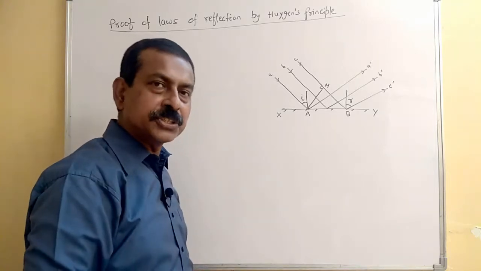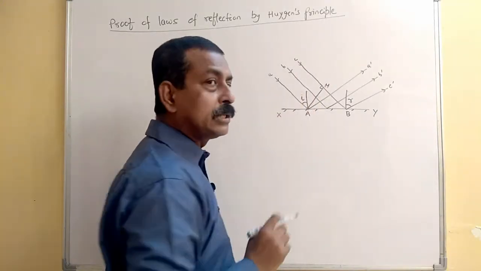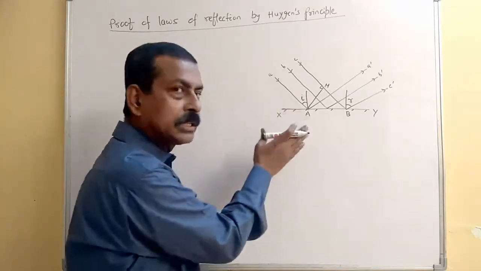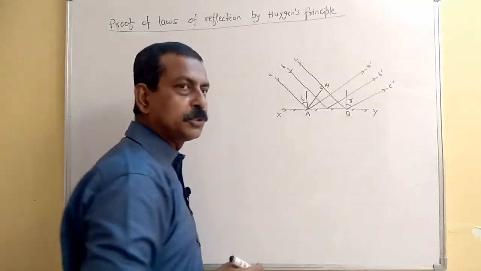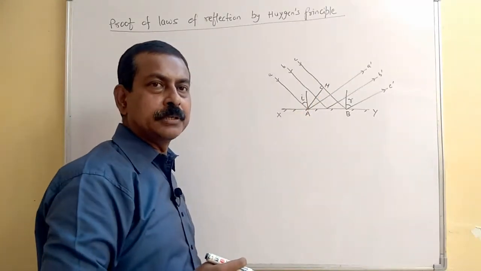So here, this is your incident wave front because it is perpendicular to the rays which are falling there, and this one will represent your incident wave front.